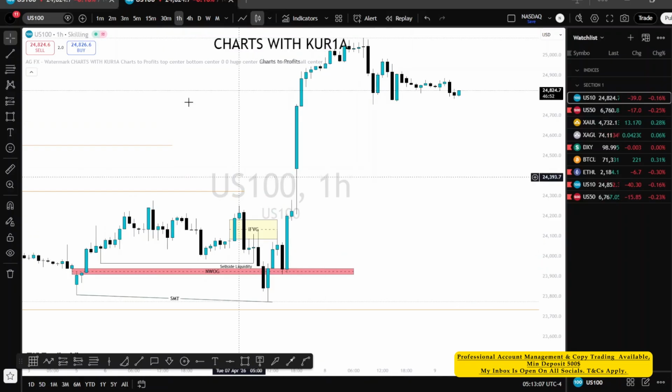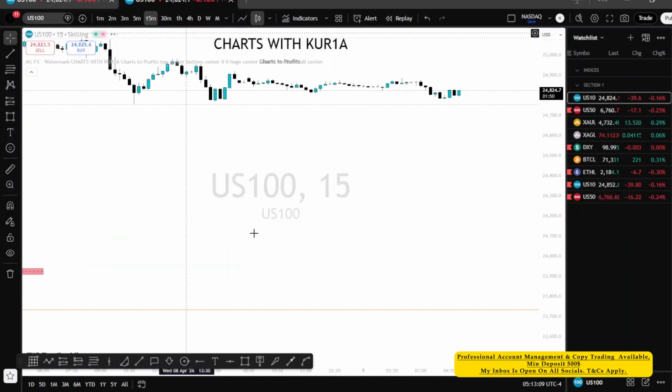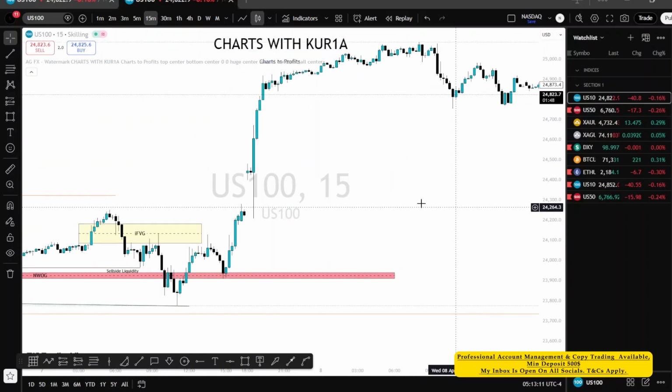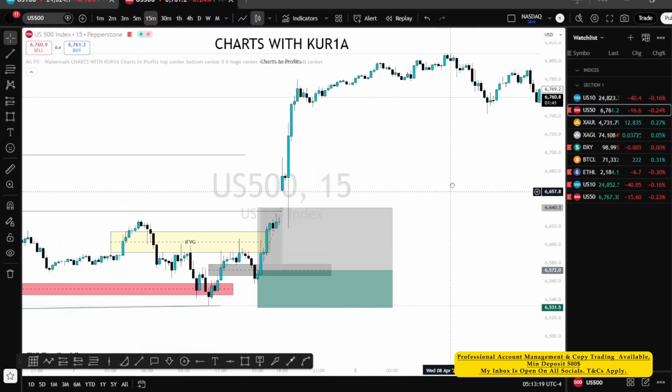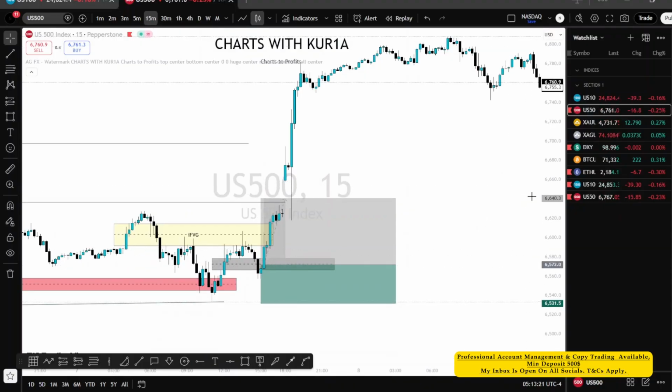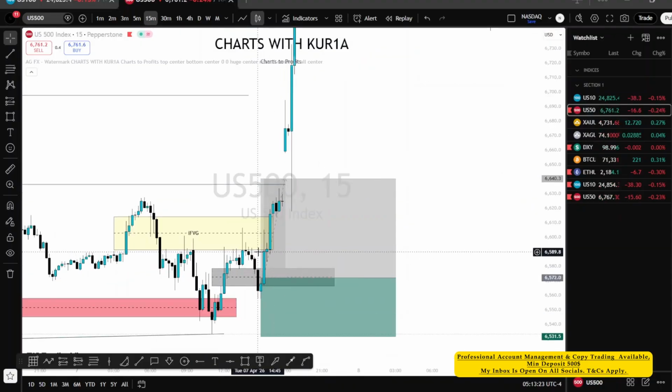But the setup played out very well, because assuming now I had taken that trade, I would have taken it on SP500. So let's see how I would have taken the trade, but no, I wouldn't have taken that trade.